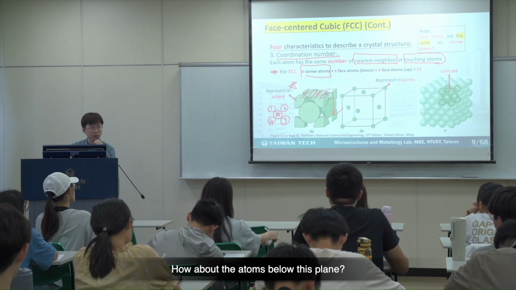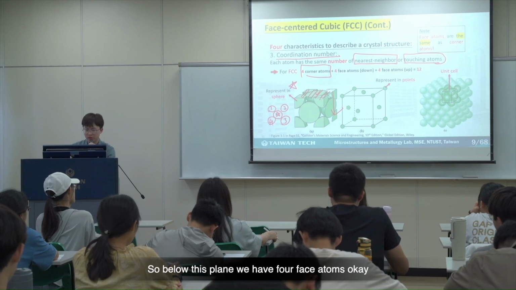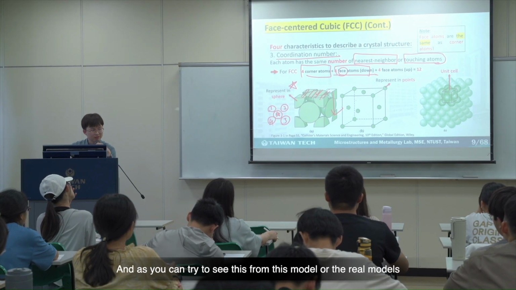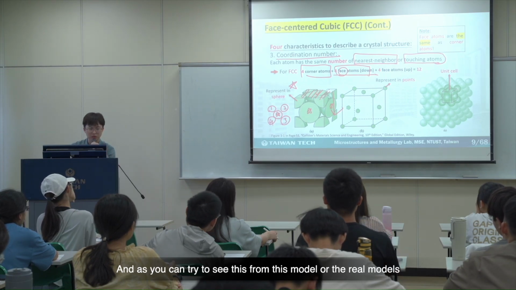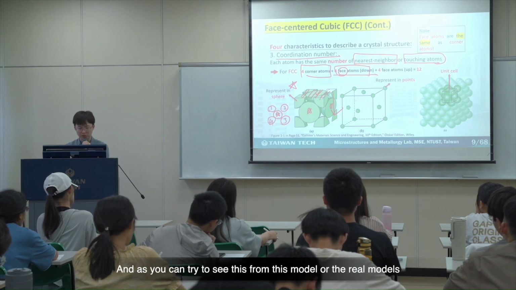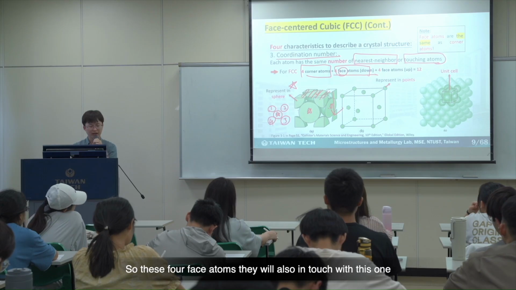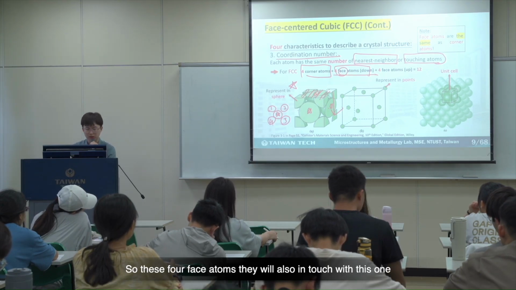How about below this plane? So below this plane, we have 4 face atoms, okay? And I think you can try to see it from this model or from the real models. So these 4 face atoms, they will also be in touch with these ones.